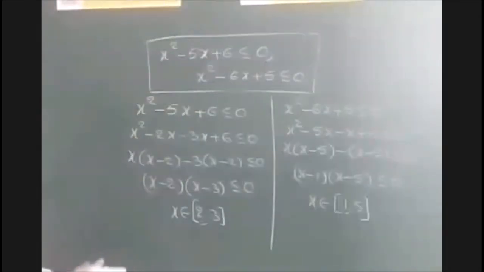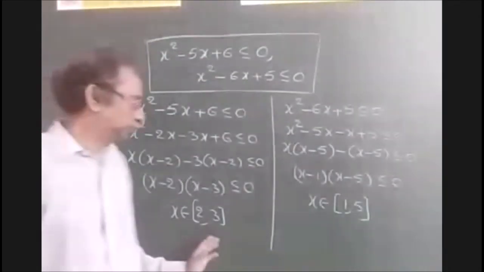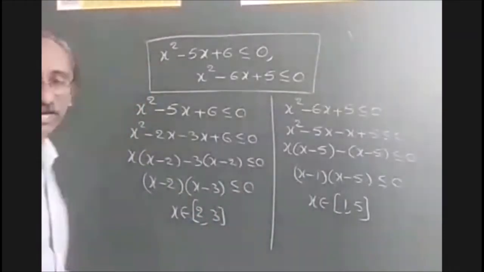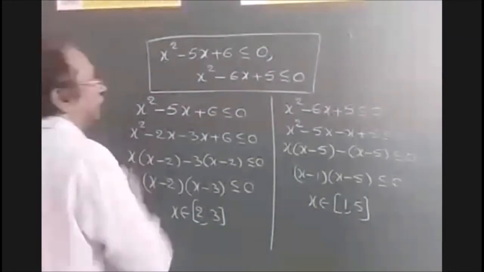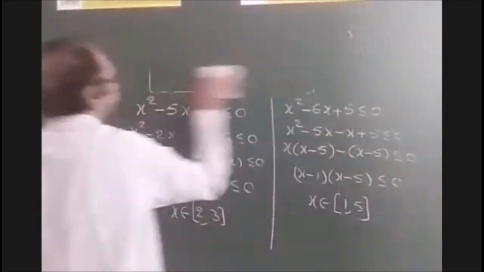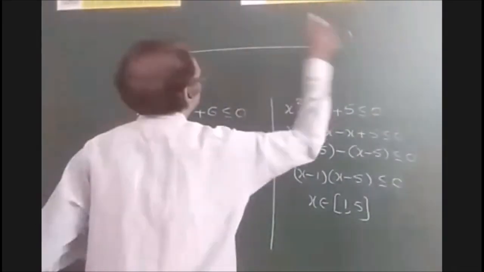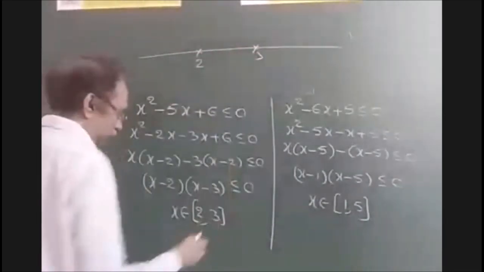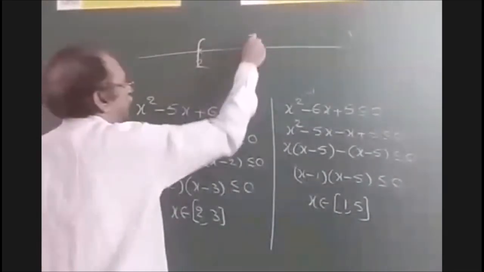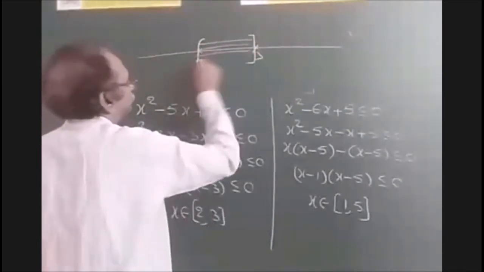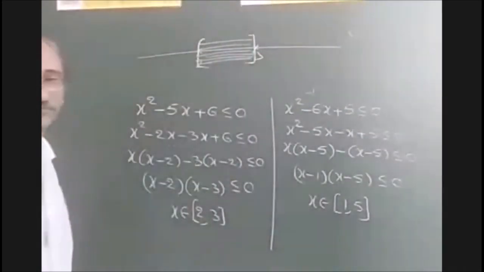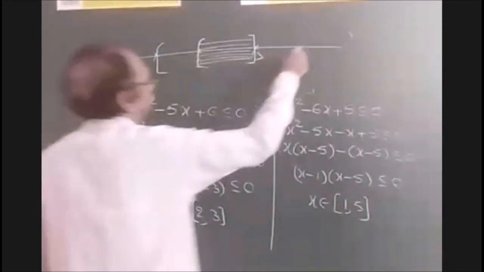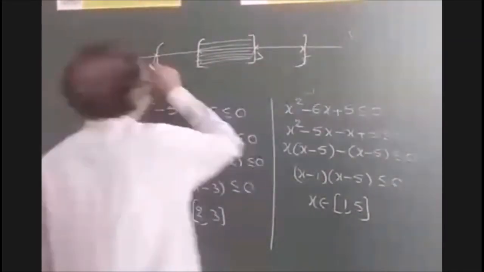Common solutions means we have to take those values of x which satisfy both the conditions. So draw the number line now. This solution set is numbers from 2 to 3, and that solution set is numbers from 1 to 5.